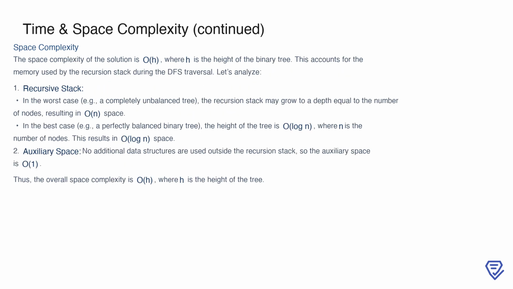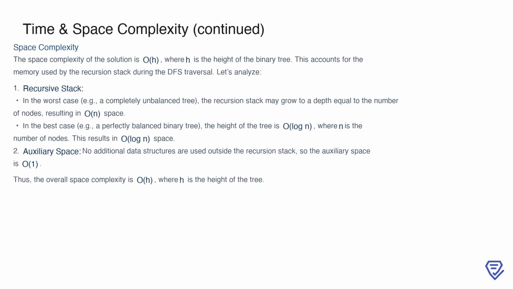The space complexity of our solution is determined by the memory used by the recursion stack during the DFS traversal, which is O(h), where h is the height of the binary tree. Let's break this down. In the worst-case scenario, such as when the tree is completely unbalanced and resembles a linked list, the recursion stack could grow to a depth equal to the total number of nodes, resulting in O(n) space.